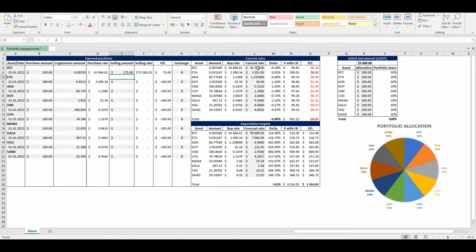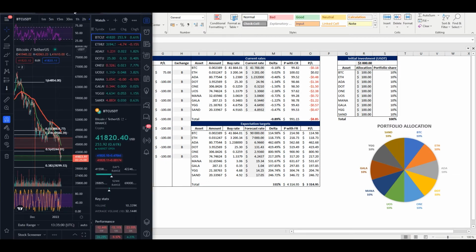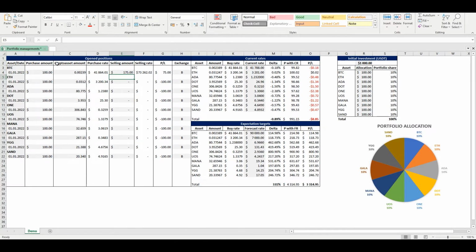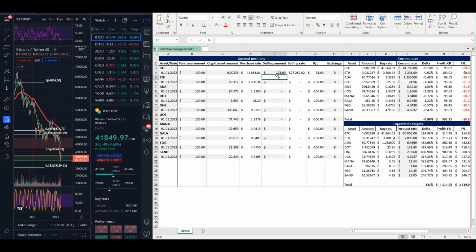So when you type in your current rate, you are going to see the delta, which is the difference between the current rate and the buy rate, and it shows how well your asset is performing. So for example, if we go to TradingView and start typing in the rates that we see right now, so it's 41869, 8489.